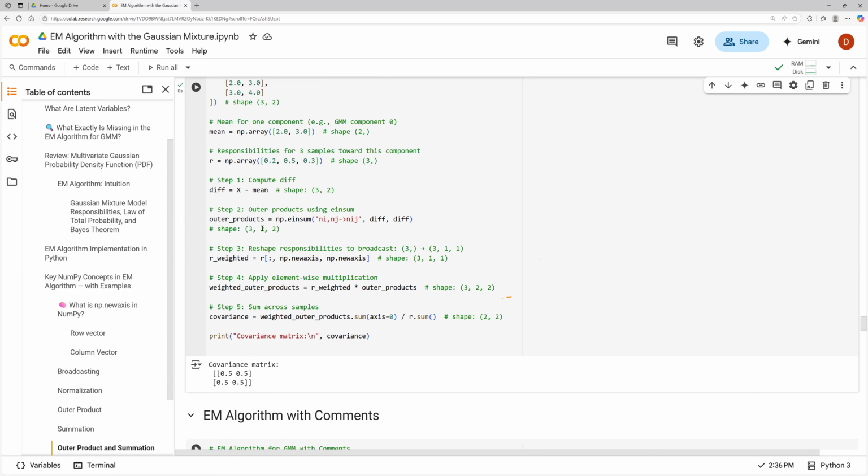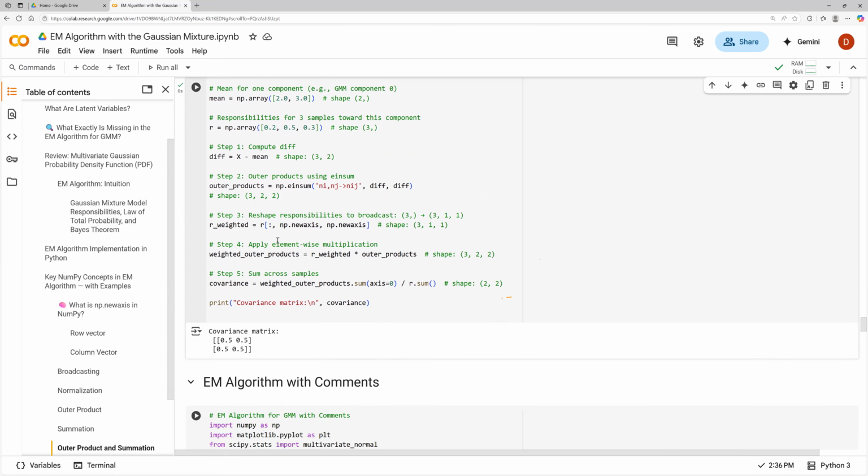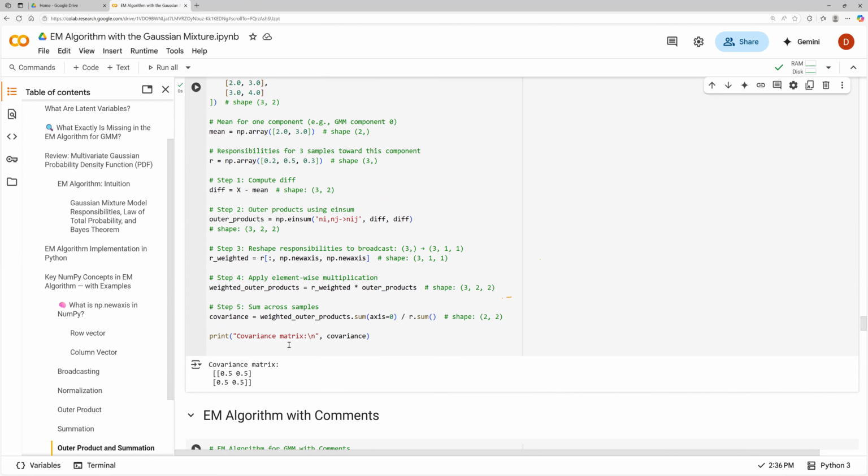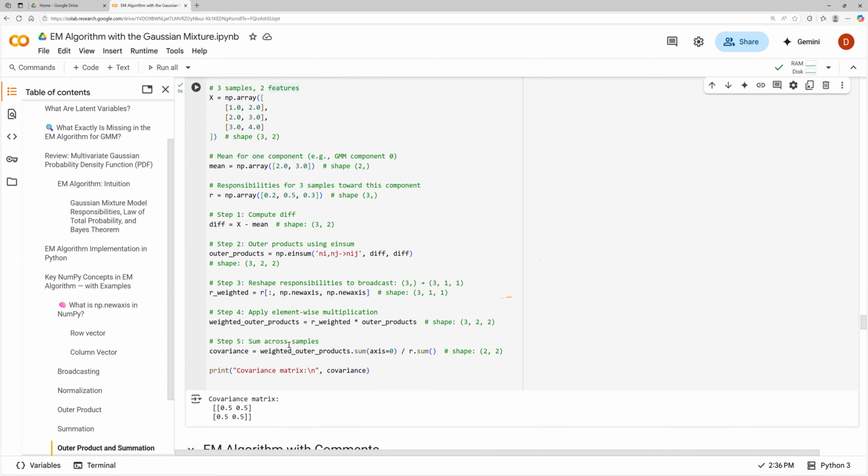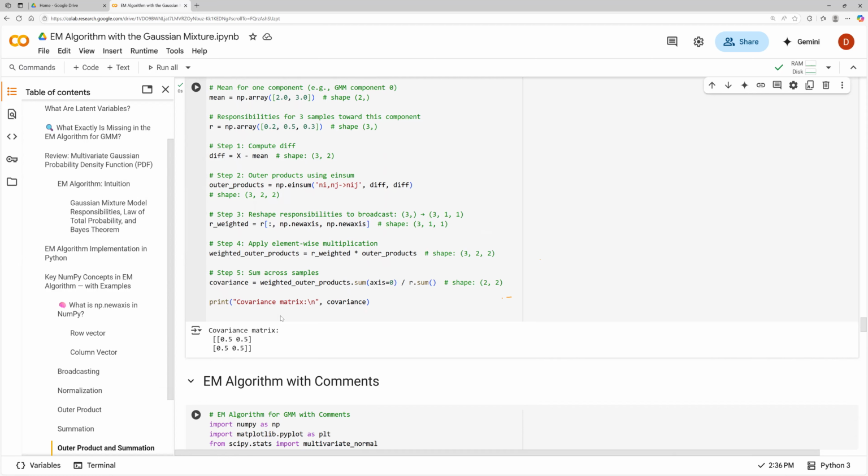Because this is the one with 3, 2, 2. This is 3, 1, 1, but we would get what's bigger, right? And then we sum across the samples, axis equal to 0, divided by R.sum, and then we get 2, 2. Okay. So you could see the step-by-step approach to get to the dimensions of a covariance matrix and get to the covariance matrix.